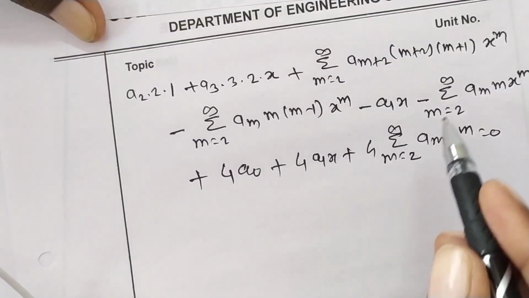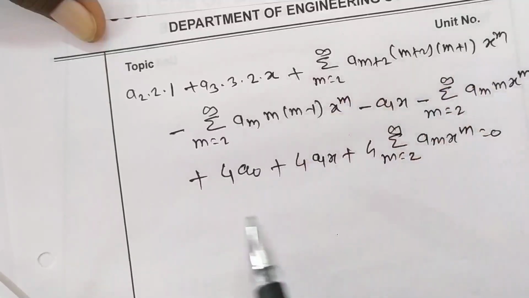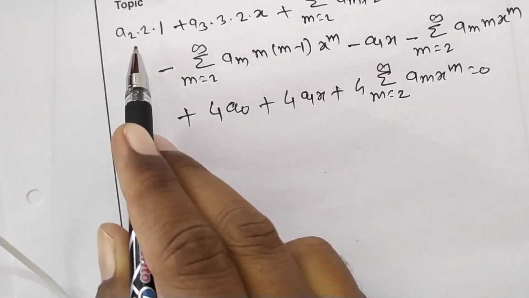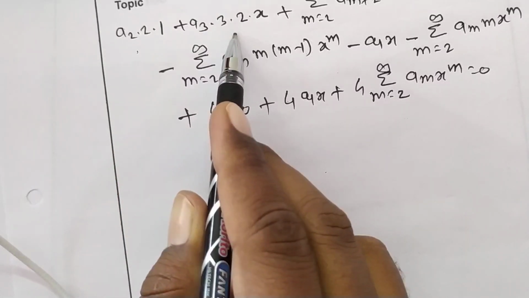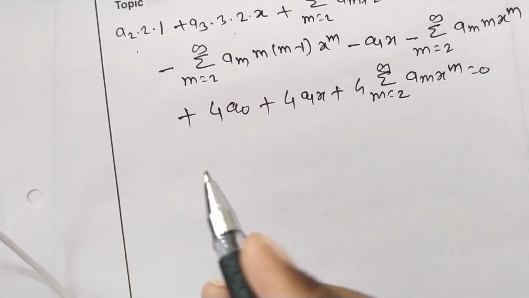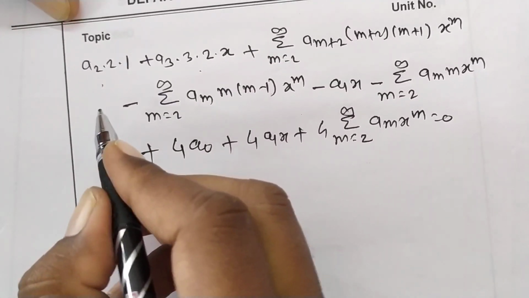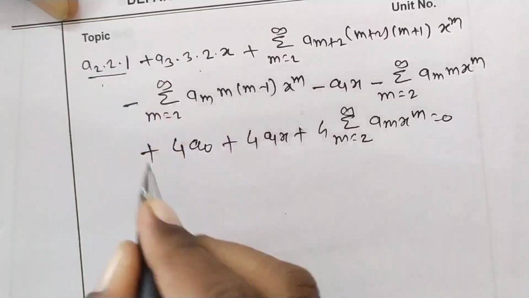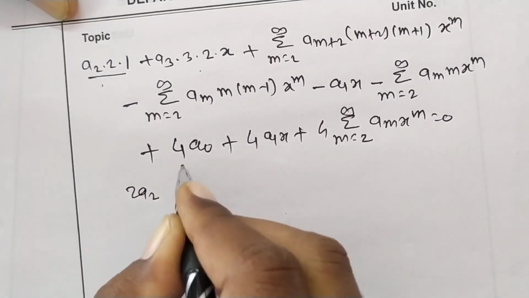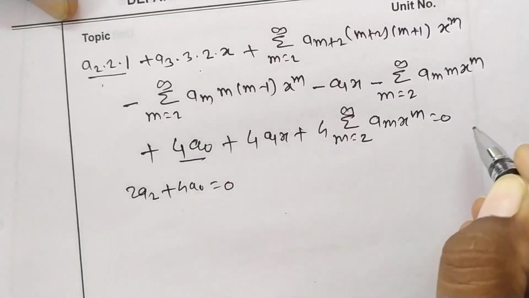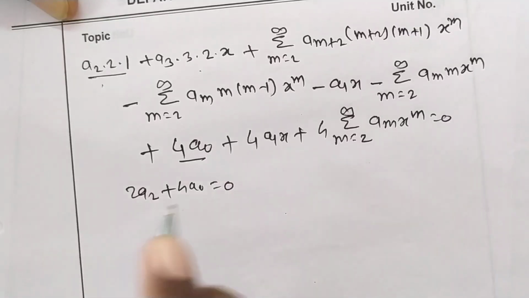Now if we observe this step carefully, equate the coefficient of the constant term, then x to the power m from LHS and RHS. So if you observe here carefully, the constant term is first 2a2 here, plus 4a0, equate this with 0 because in RHS the constant term is 0.